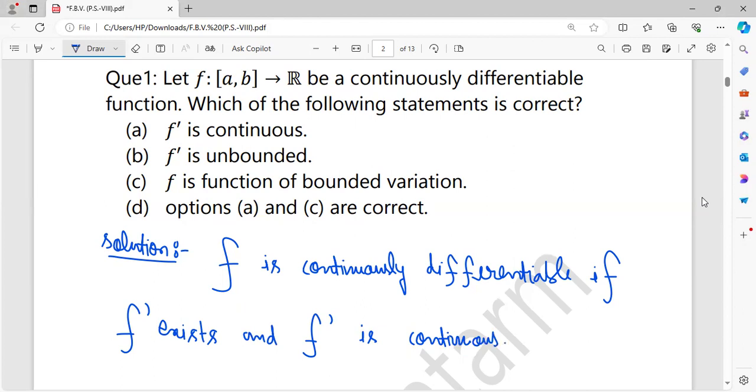So here the derivative is continuous. Option A is correct.